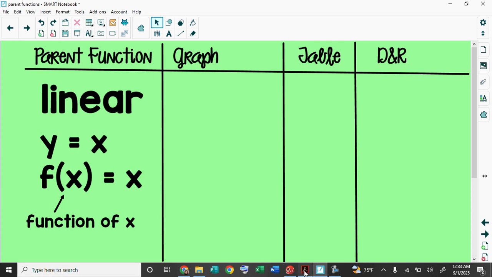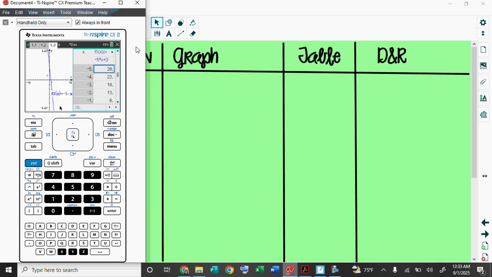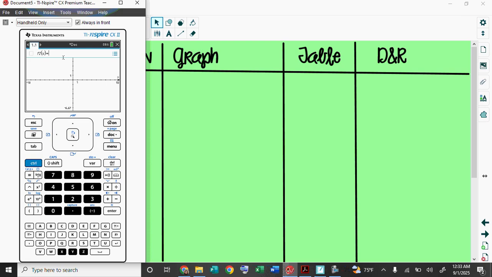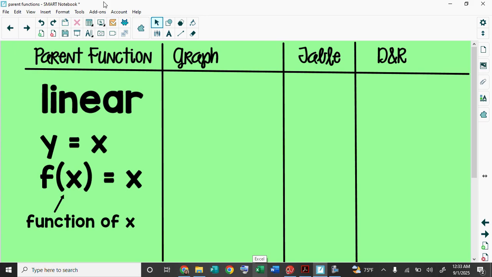So you're going to take your calculator, clear the memory if you have not already, and we're going to get a graph, and we're going to type x in there and press enter. And so that right there is our parent function. It goes through the origin.